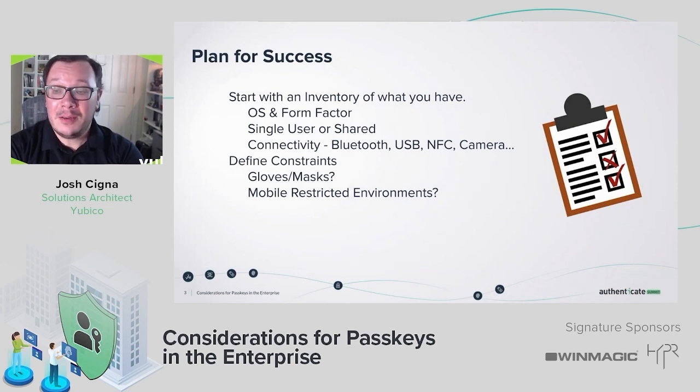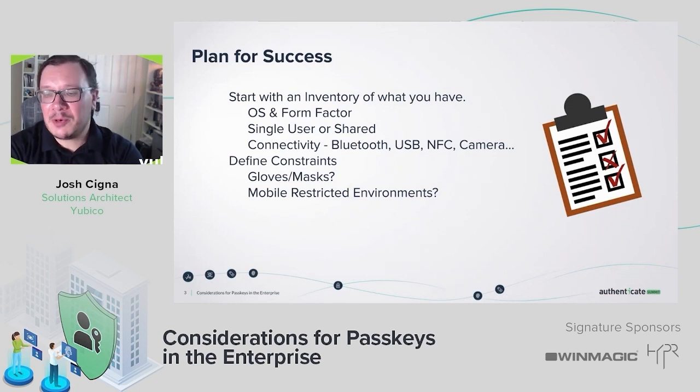The other thing that we want to call out is to look for constraints. There is a human element to this type of authentication and to these models. So understand if folks are going to be wearing gloves or if people need to wear masks. That will inhibit biometric proofs, in which case you need to look for other ways to do identity proofing. Look at the environment you're operating under. Do you have a call center?